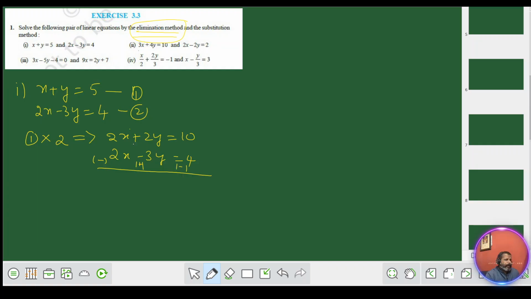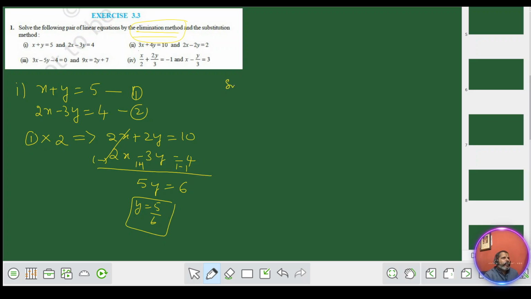So 2x cancels. 2y plus 3y. You have to consider the changed sign here, not the original. 2y plus 3y is 5y. 10 minus 4 is 6. So y equal to 6 by 5 is the first variable value. Now you substitute this in any of 1 and 2, you get the x value.